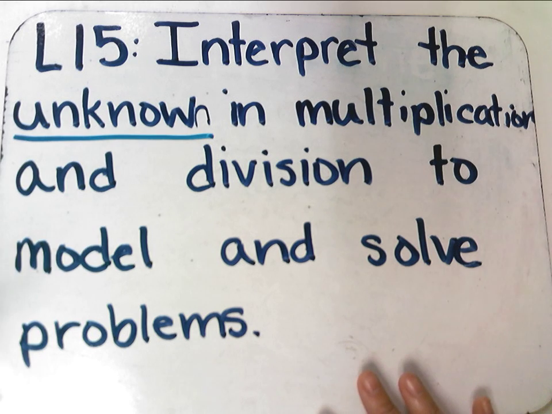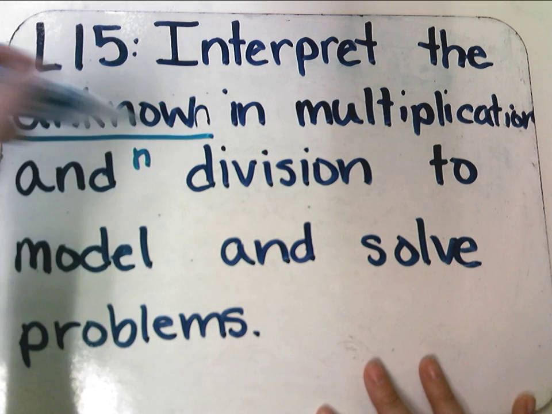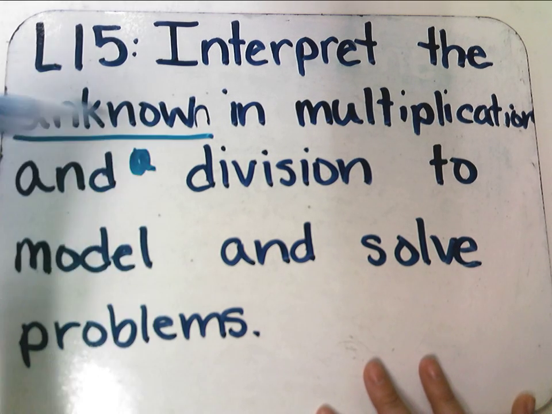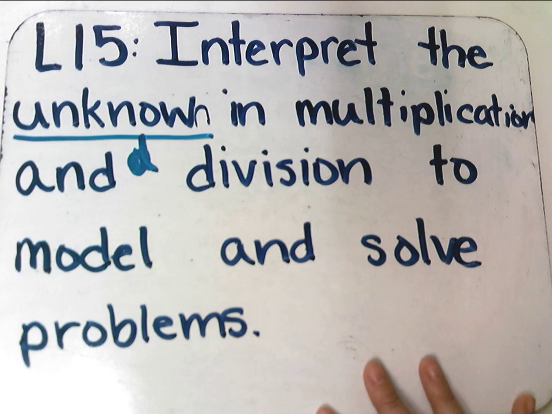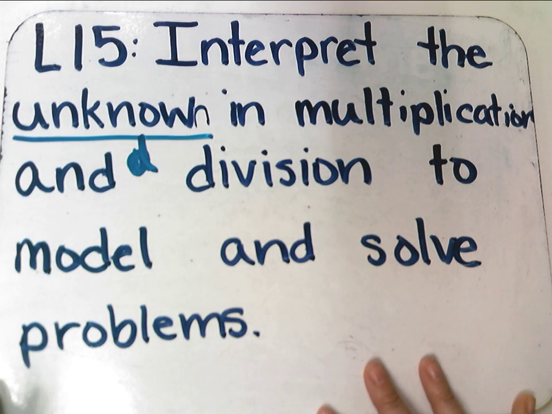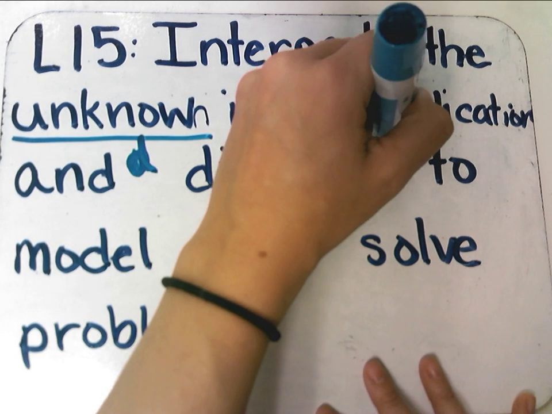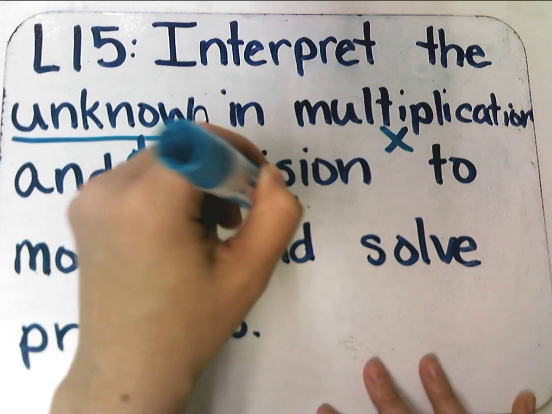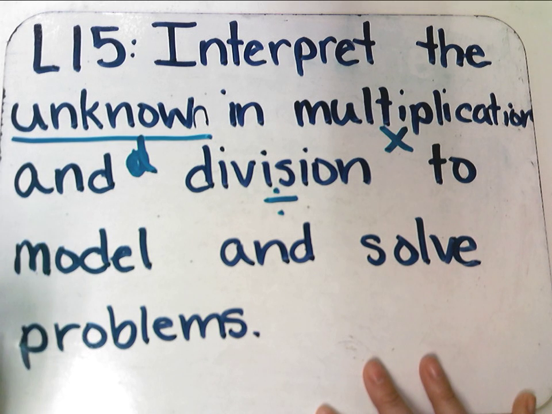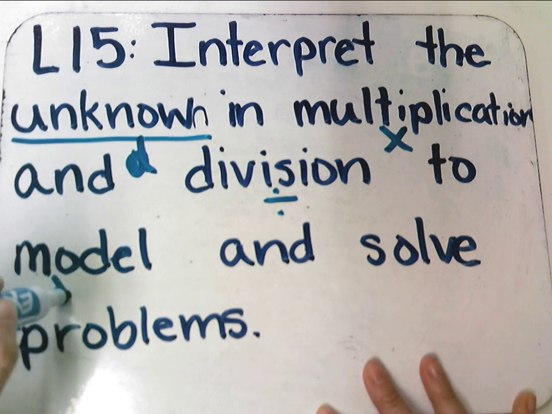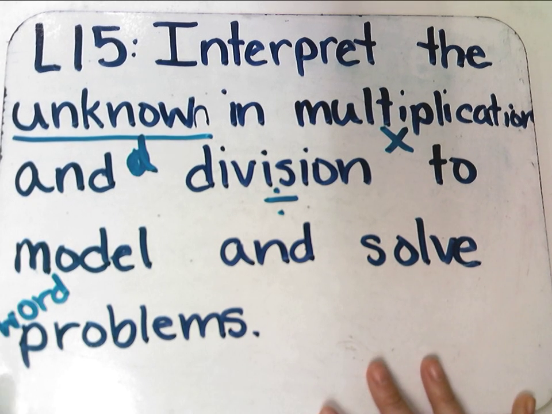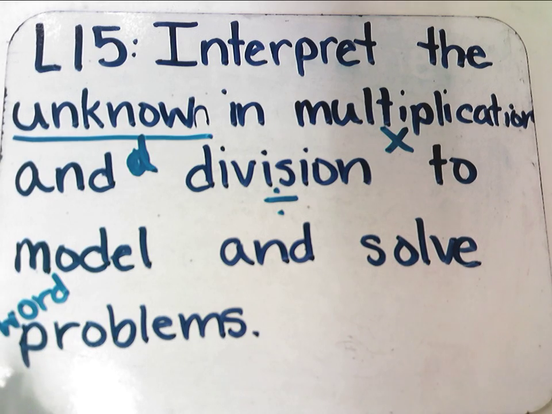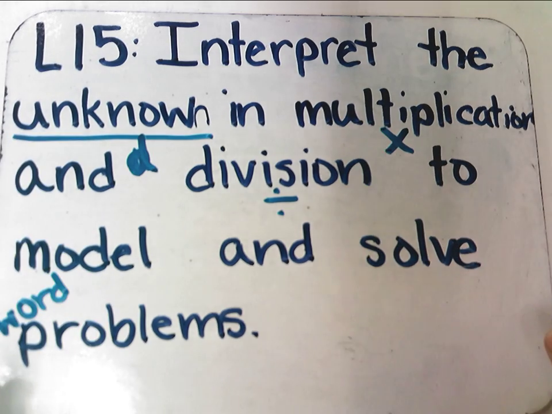And we like to write the variable like N or A or even D. So we like to represent the unknown or the variable with a letter. And we're going to try some multiplication and division word problems today. That is our learning target for lesson 15 today.